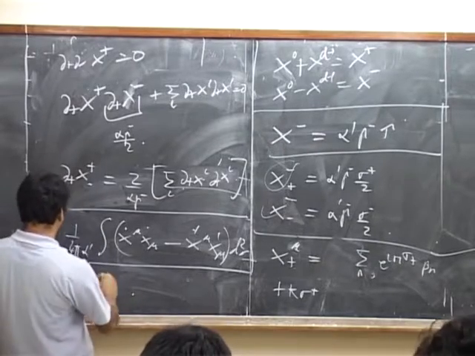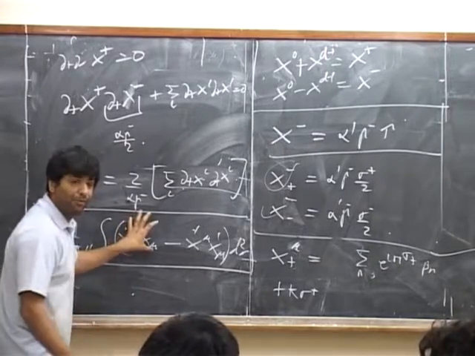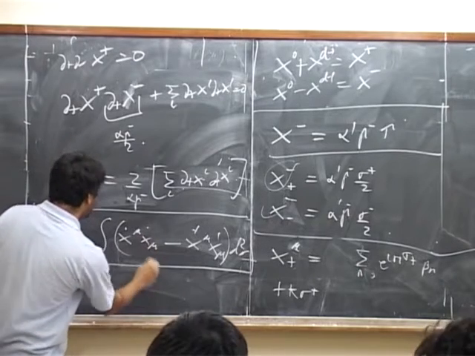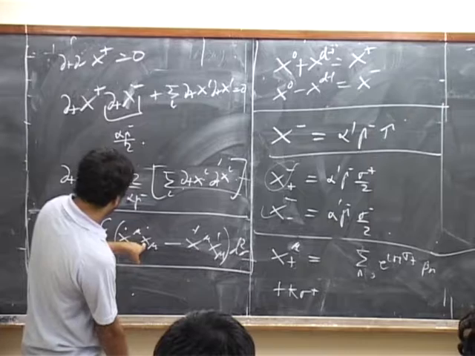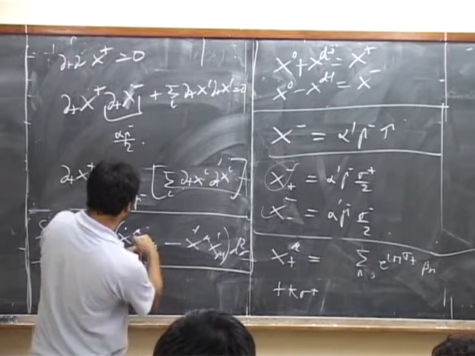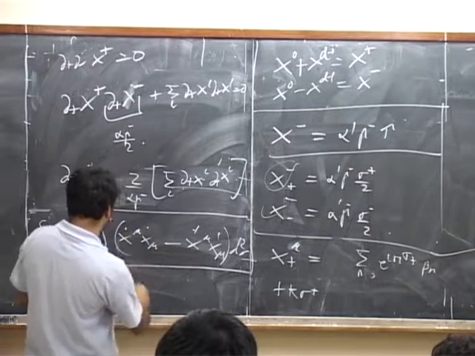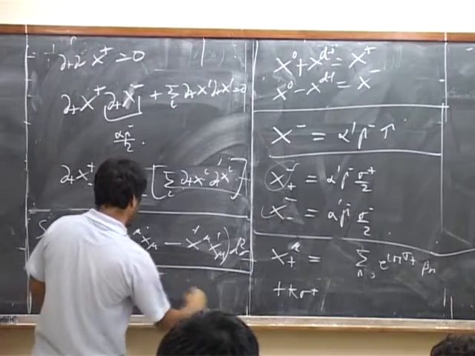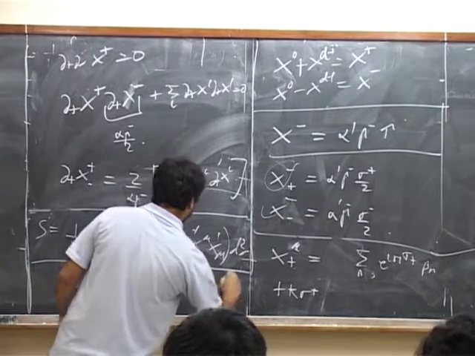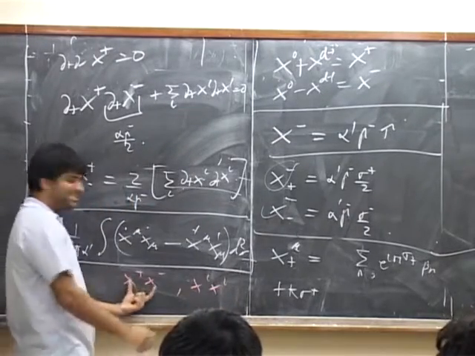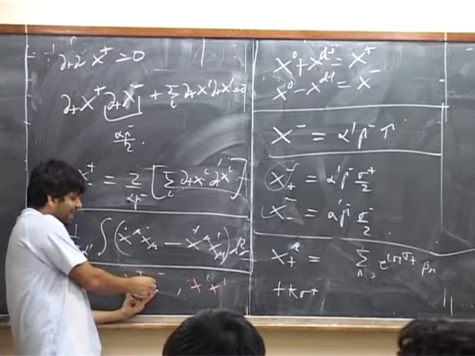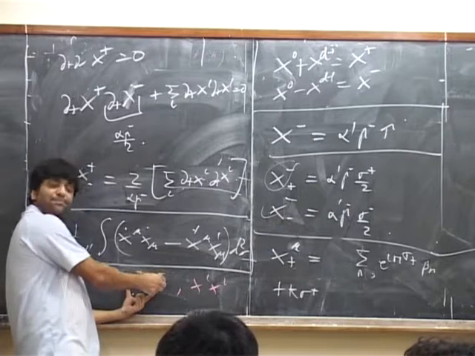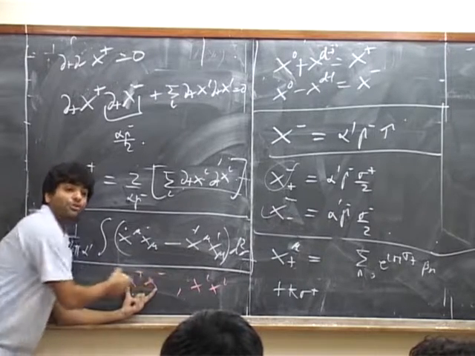Into the action we put a gauge condition, and I'll come back to zero modes in a moment. But that essentially eliminates, what does it do? There is part of this that is x plus x minus, and there is part of this that is xi xi. Okay, let's start with the x plus x minus part. All that survives in the x plus x minus part are zero mode contributions.